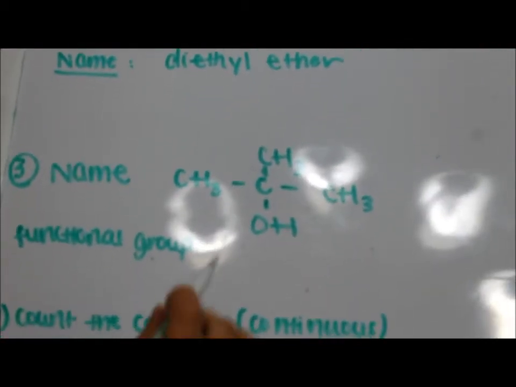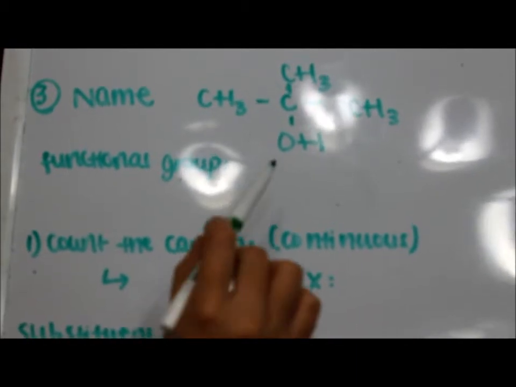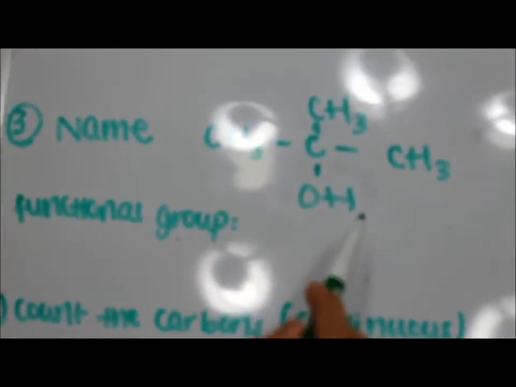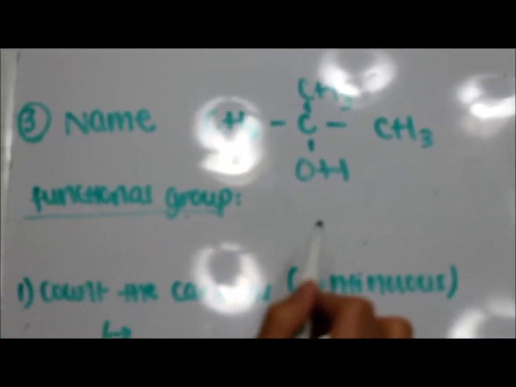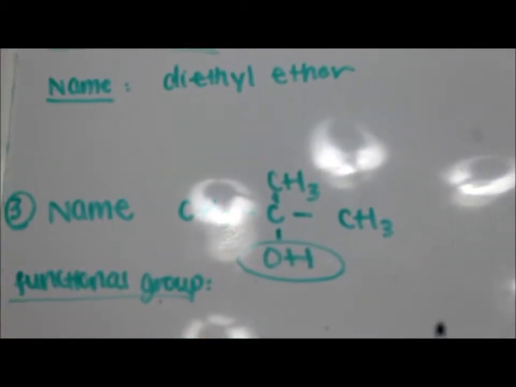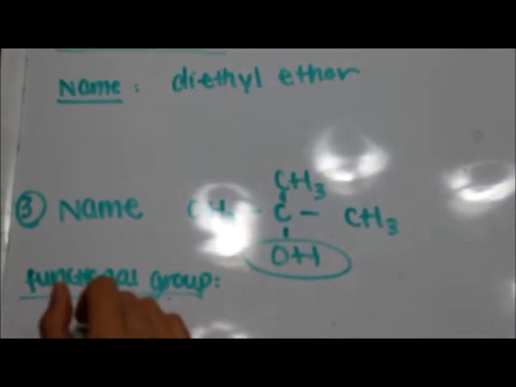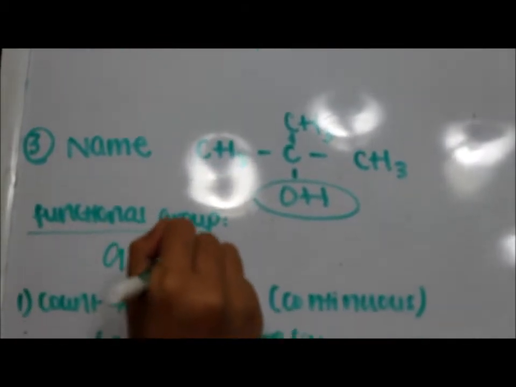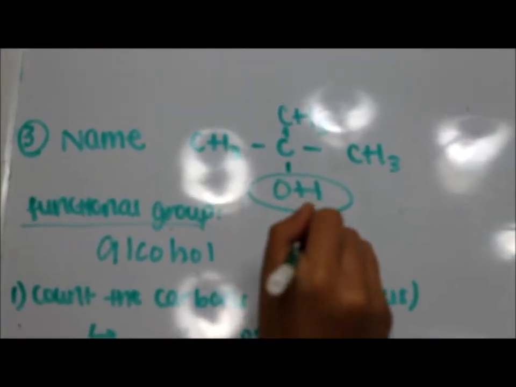Now our third example is this compound, and as usual we're going to find what the functional group is. Looking through this, we notice here is the hydroxyl group, which indicates an alcohol because of the OH.